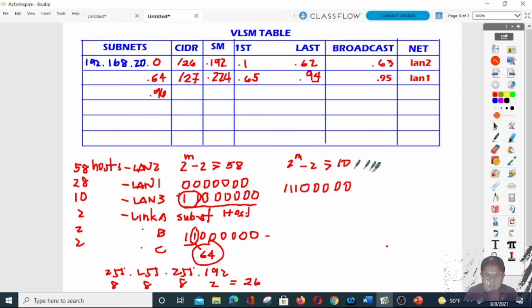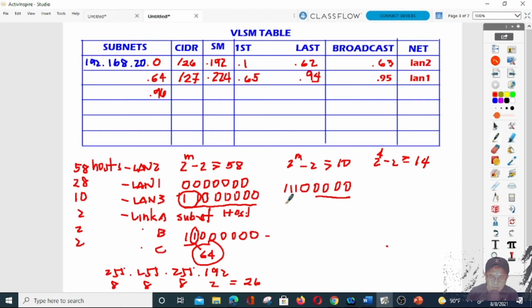If we need 3, 2 raised to 3 is only 8 minus 2, which is not enough. If we use 4 zeros, 2 raised to 4 is 16 minus 2 is 14. So it satisfies the requirement because it is greater than the original 10. So we need 4 zeros. What will happen to the 0?